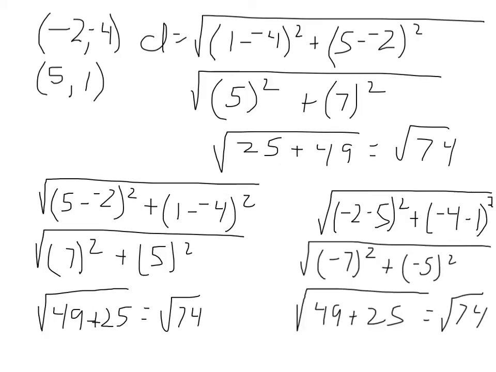And once we simplify this, we also get the square root of 74. So again, it doesn't matter which of the 4 coordinates you start with. If you start with your x's first, or your y's first, or the 5 or negative 2, or the 1 or the negative 4, you get the same answer every time as long as you put things in the right order.